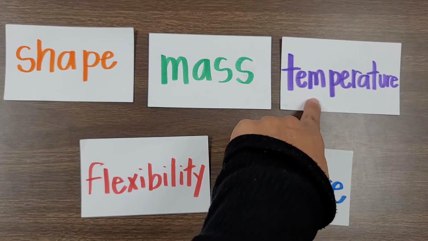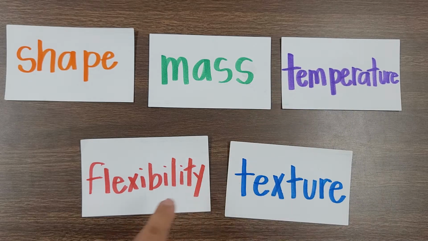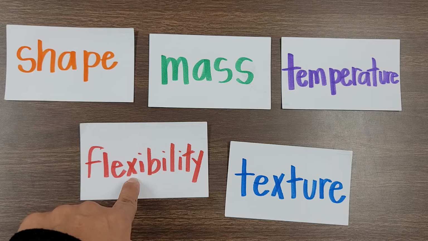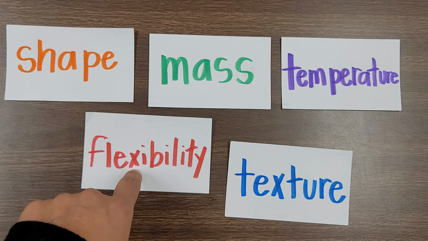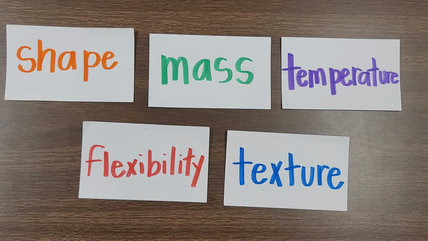Temperature is when we think about how hot or how cold matter is. Flexibility is when we talk about, can we bend this? Will it bend and not break? And texture is when we talk about, how do these items feel? How does the matter that we're classifying feel?